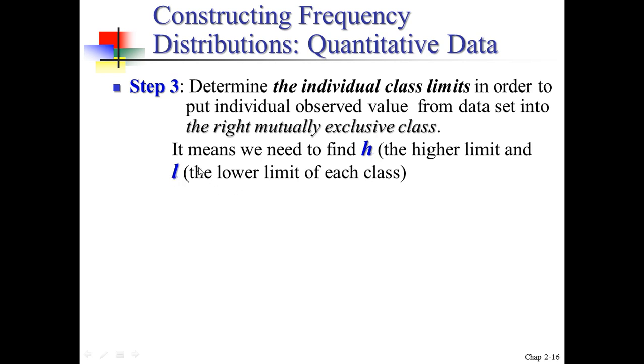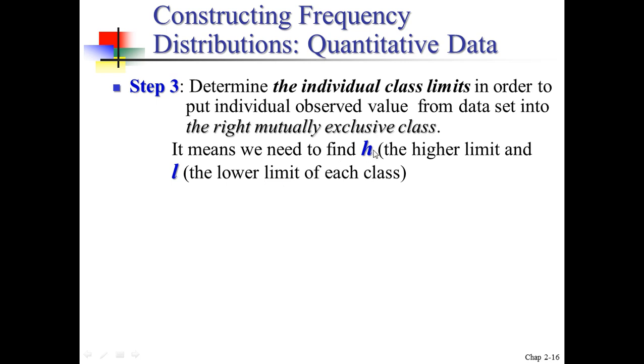Why do I put small h and small l? Because this is the highest class limit of each class, and this is the lowest class limit of each class. So every class has a low limit, or starting, and a high limit, which is the ending. Low limit is the starting number, and higher limit is the ending number.